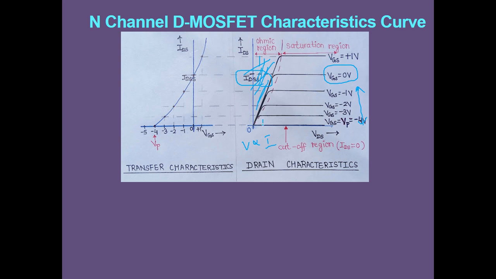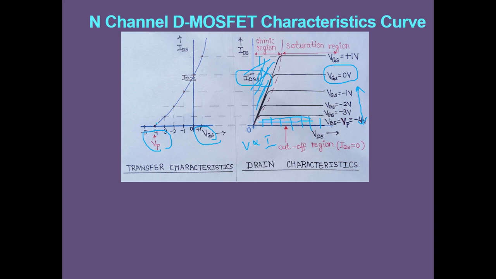The region well below this, VGS equal to VP, is called the cutoff region. What is this VP? When VGS becomes VP, the drain current becomes equal to 0. It is the gate source voltage at which the channel is closed.